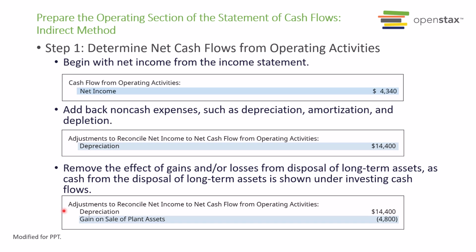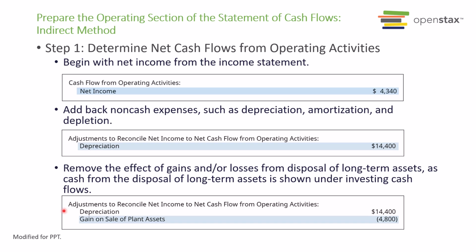So in this item, you need to do the opposite of what is showing on your income statement. So if there was a gain on the sale of plant assets, so you profited from selling that equipment, you need to subtract that cash back out. And that's what happened for Propensity Company.